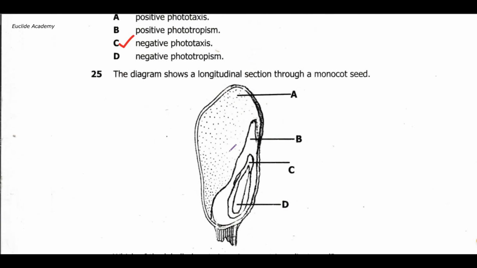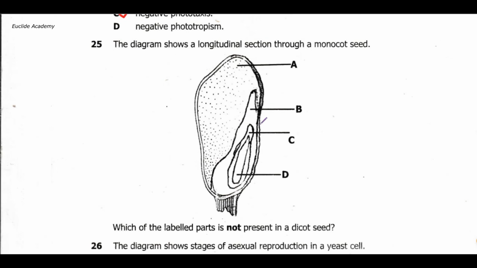The diagram shows a longitudinal section through a monocot seed. Okay, so that is a monocot seed. Which of the parts is not present in a dicot seed? So this is a monocot seed, and for example we can say one example of a monocot seed is the maize cone. Then the dicot, you can talk about the bean seed.